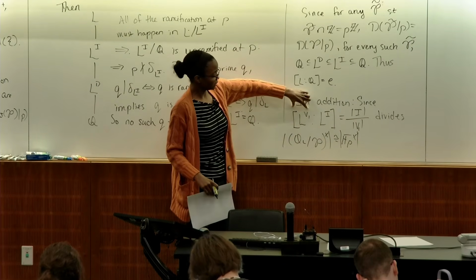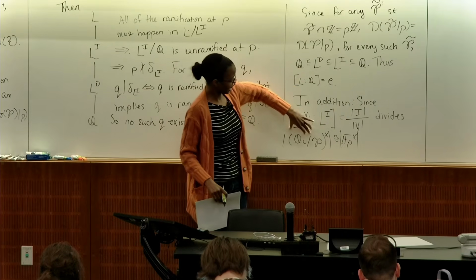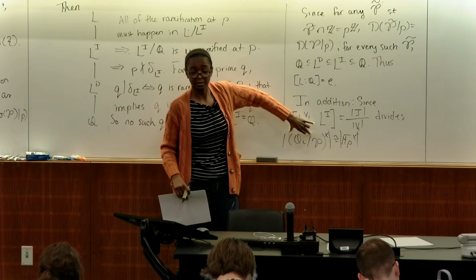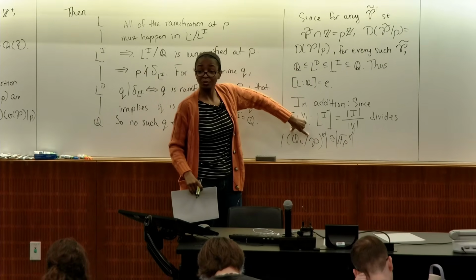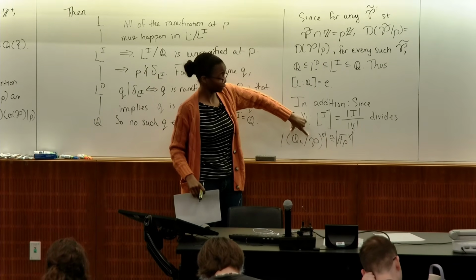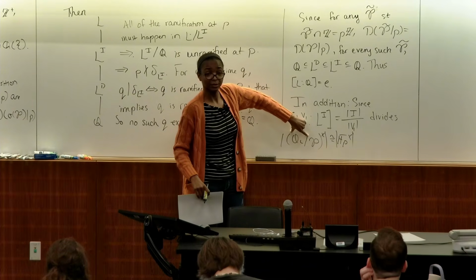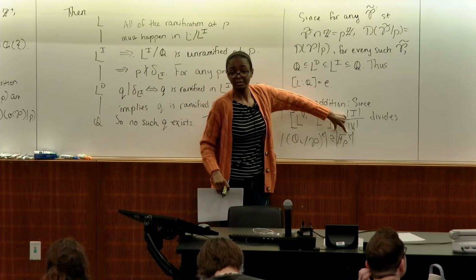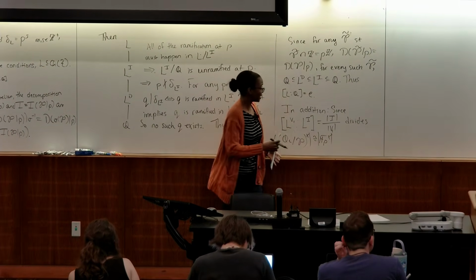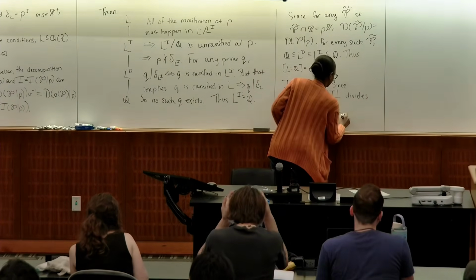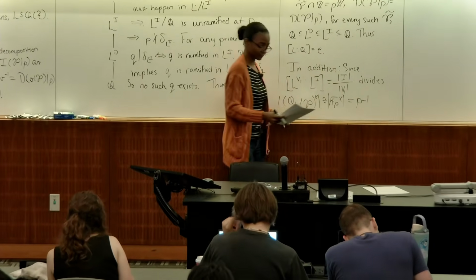So the degree of this extension has to divide the order of this group. But in the situation that we're dealing with, we basically just argued that this finite field here is the trivial extension. So this is just FP, which means that it has to divide P minus 1.